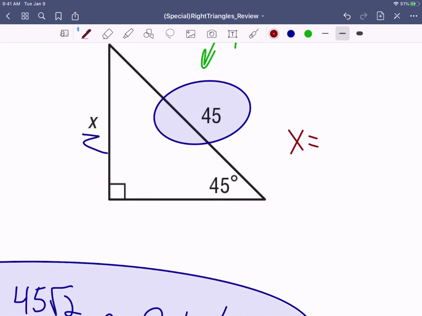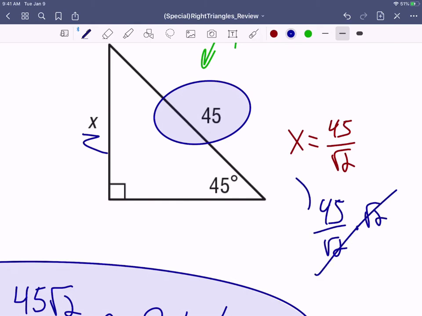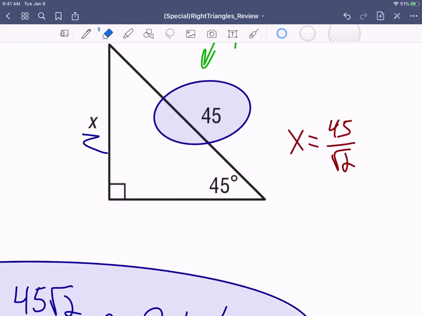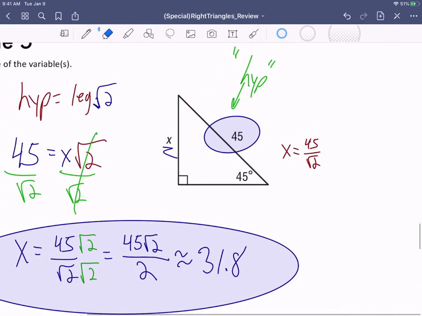So I just say the leg must equal 45 divided by the square root of 2. That makes sense, because if I were to multiply 45 over root 2 times root 2, that would get me my hypotenuse. So that's how you know it works. You could just do the inverse operation when you're trying to find the leg given the hypotenuse. You can then fly through these wicked fast.